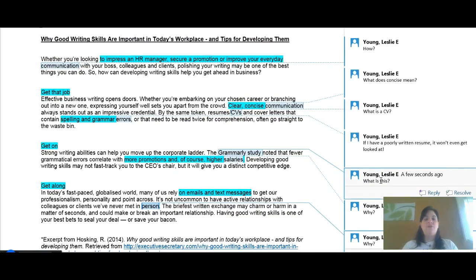So now compare what you highlighted and noted to mine. Are they the same? Probably not. What's really interesting about reading is that we all bring our own unique set of experiences and knowledge to everything we read. So no two people have exactly the same experience when they read. What I highlighted might look different than yours, and what I noted might also look different. You might already know some of the answers to the questions I asked, so maybe you didn't have those notations.